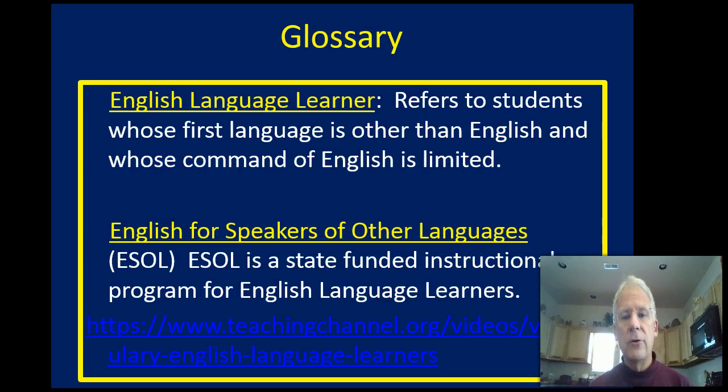English language learners, most of you are probably familiar with this. This refers to students whose first language is other than English and whose command of English is limited. And depending on what state you're from, this is also translated into a program called ESOL, or English for Speakers of Other Languages.